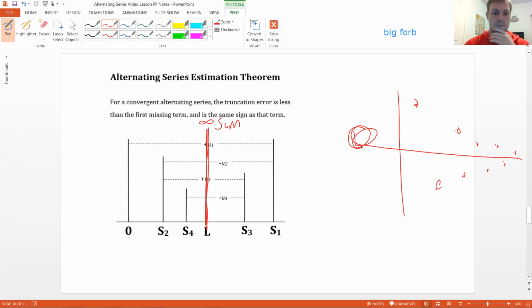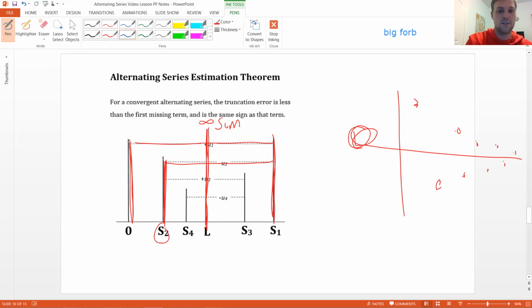Here we're starting off with a sum of 0 because we haven't added anything. I'm going to add my first term, and I'm going to be at this partial sum value here. If I add my next term, which is a negative value, it's going to take me to this sum here. So this is the sum of the first 2 terms.